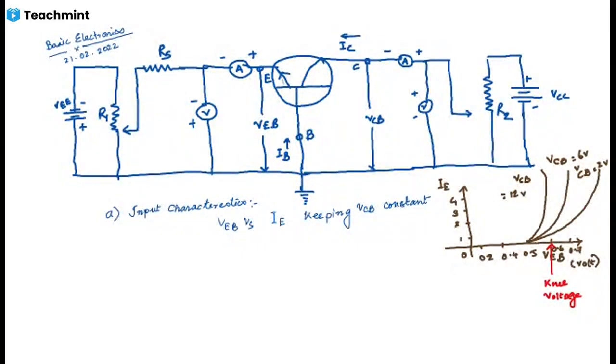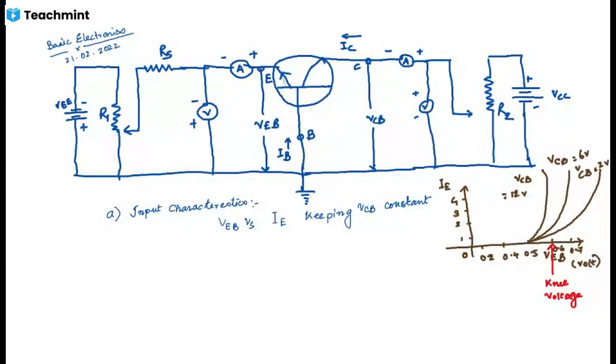Okay. So what happens in this circuit? This is an NPN transistor. So the series resistor RS is connected to limit the emitter circuit. The value of VEB may be varied with the help of a potentiometer R1.